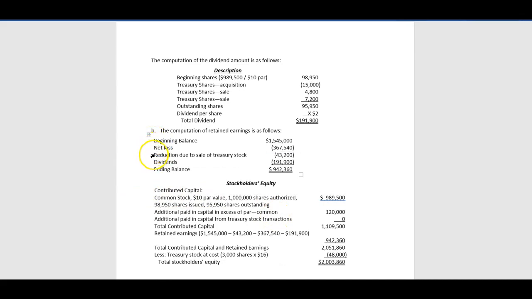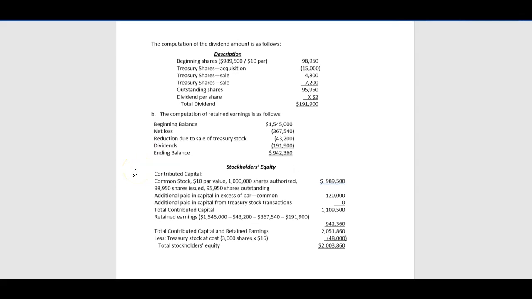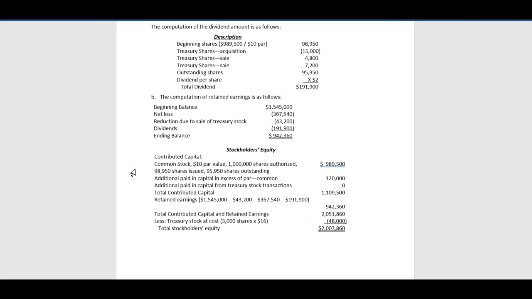We show that one transaction when we reduced retained earnings because we sold that Treasury stock much below the original $16. We show the dividends, of course, coming out, and so our ending balance of retained earnings shows up there. So when we get down to doing our stockholders' equity section, we have to have our new retained earnings account there.